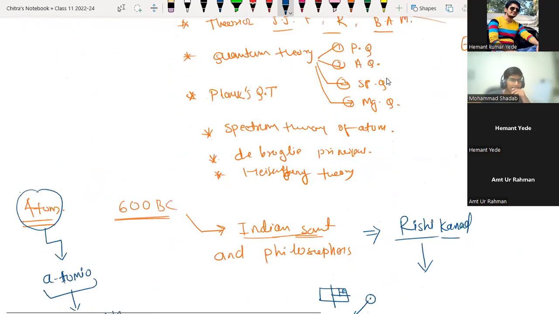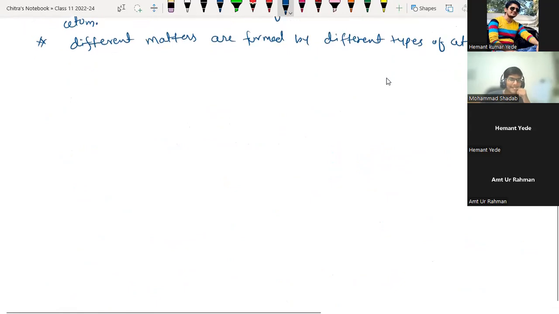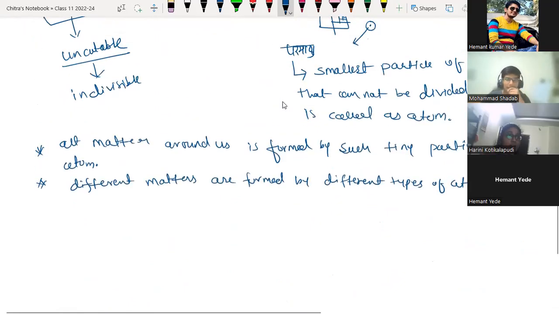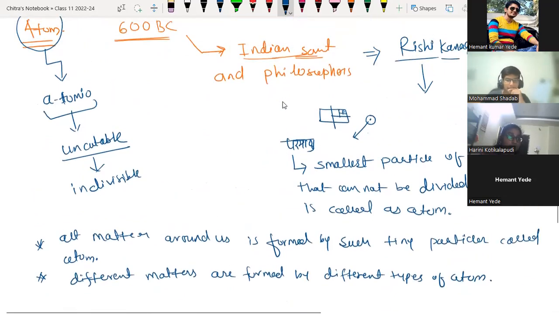Excuse me, sir. I just have a small doubt. The two postulates that you gave, all matter around us is formed, and the second point, different matters. Were these two postulates given by the Indian and Greek philosophers previously? See, they mentioned the same thing again and again, but these points are common.